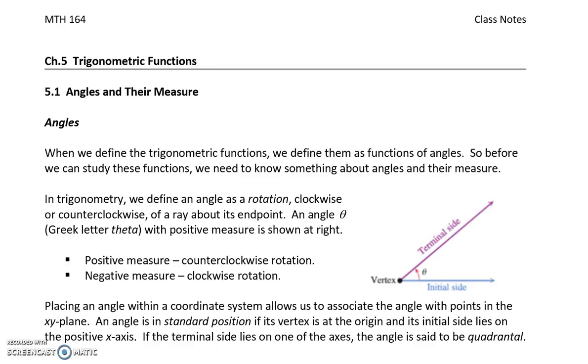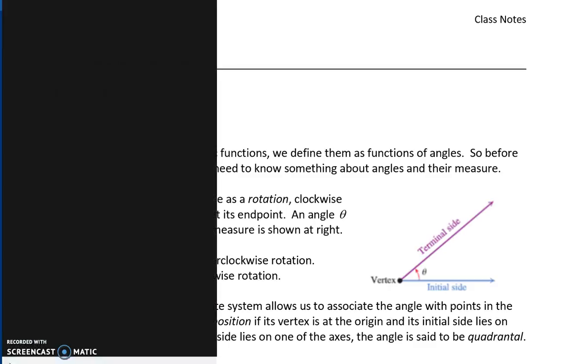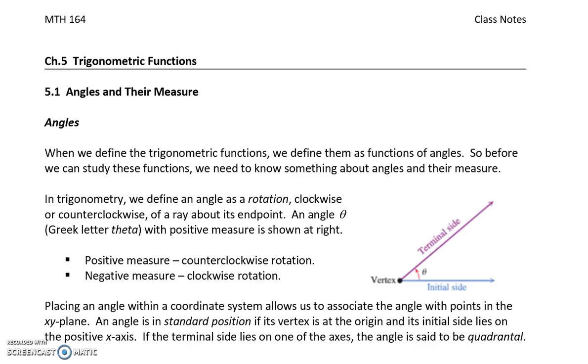So an angle with positive measure is generated from a counterclockwise rotation of a ray about its endpoint. The beginning position of the ray is called the initial side of the angle. The final position of the ray after the rotation is called the terminal side of the angle, and the endpoint of the ray that is basically the pivot for the rotation is called the vertex.